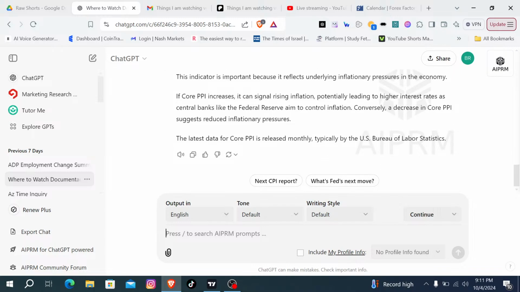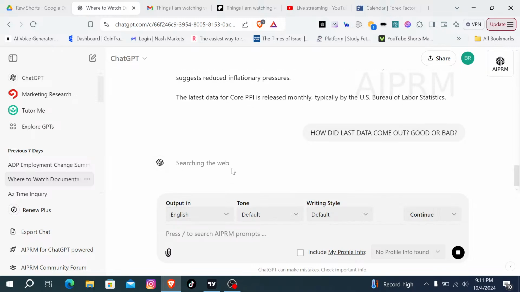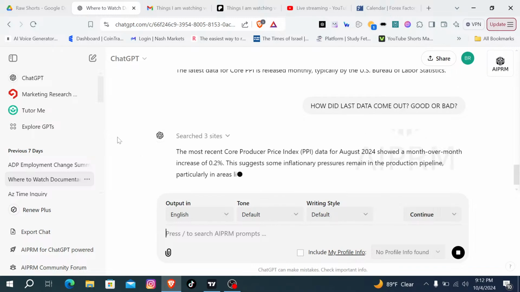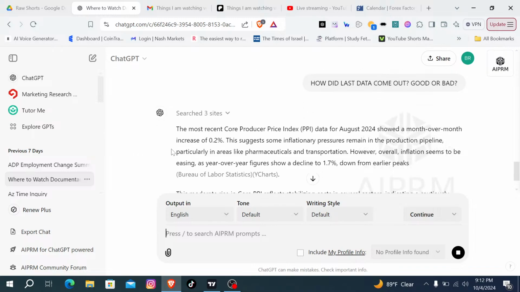So that's what we want supposedly. The latest data of core monthly. Maybe bad, but there you go, September. There you go. The core shows the month to month increase.